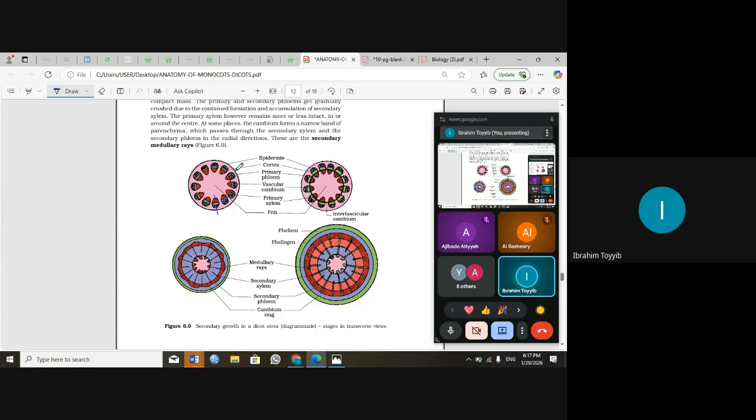This part is the epidermis, the cortex. The phellogen is referred to as cork cambium, vascular cambium, and phellem is referred to as cork.